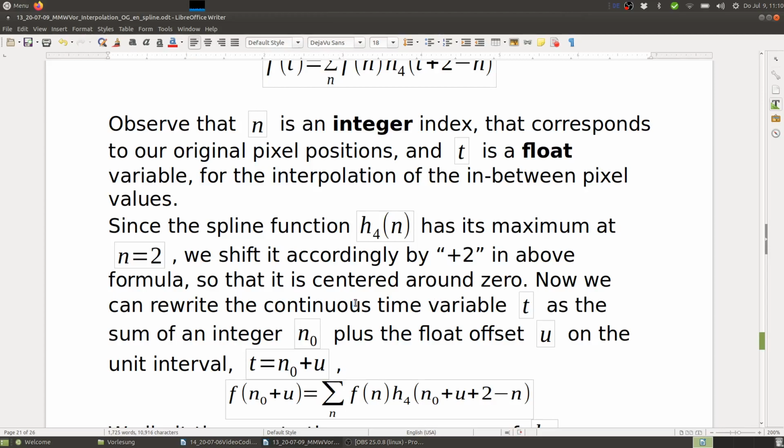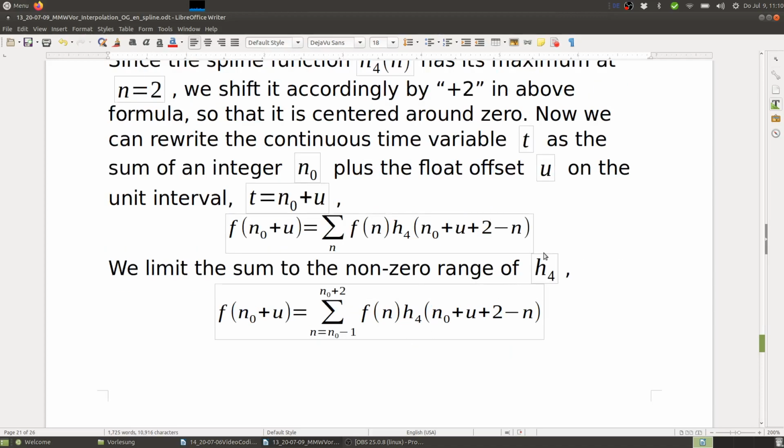Now we can rewrite the continuous time variable t as the sum of an integer n naught plus the float offset u on the unit interval. So just simplifying the formula, instead of having an arbitrary t, I have n naught as an anchor, and then this helper variable u on the unit interval as the interpolation variable, which tells us where on this coming unit interval we want to interpolate.